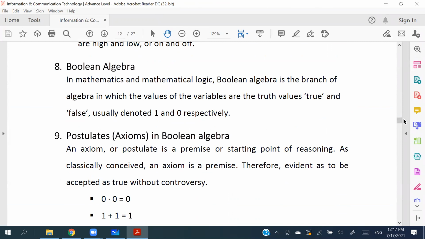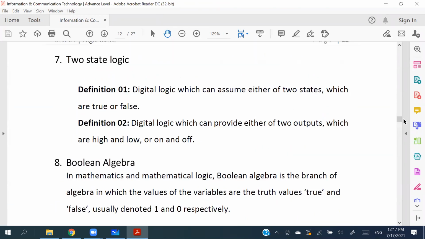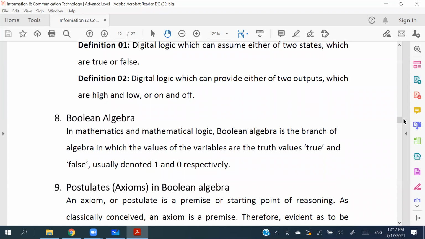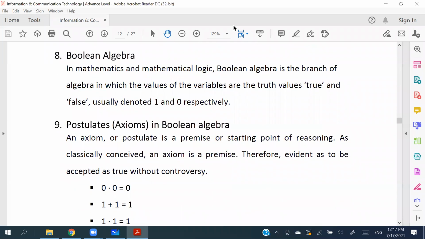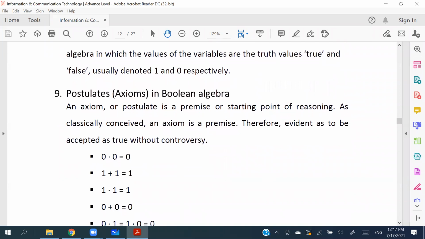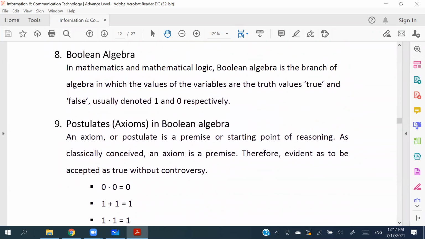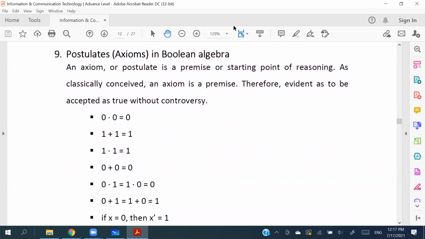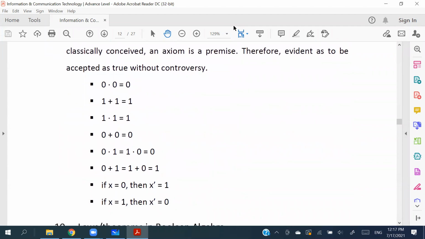Okay, so Boolean algebra is just describing how we are going to deal with a particular logical expression, and how we are going to simplify that particular logical expression, right? So in Boolean algebra, you have to have knowledge about these postulates. We call them axioms as well, right? Those are very simple stuff.